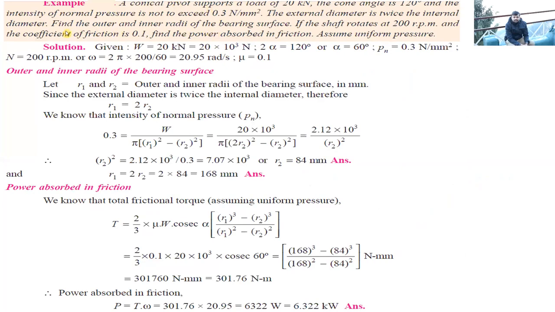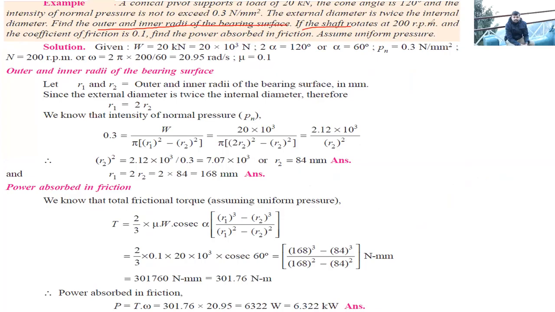So the relation between R1 and R2 is given: R1 is equal to 2R2. What we have to find is the outer and inner radius of the bearing surface. So R1 and R2 we have to determine.